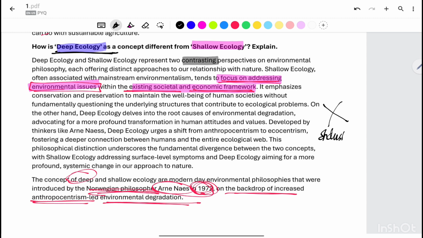First stop the industry, go for ecocentrism. The problem is because of human activities, and finding a solution related to human activities is deep ecology, right? We have certain issues, and these environmental issues are addressed with the pre-existing societal and economic framework.